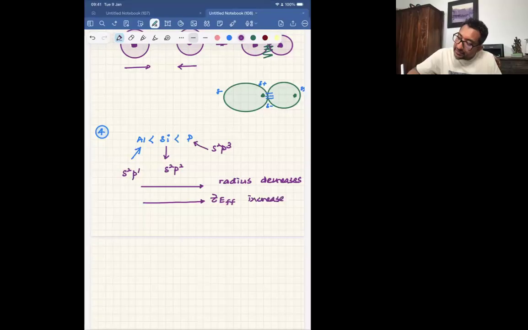Now the last electron will be more and more strongly bound to the nucleus. Then ionization energy increases.